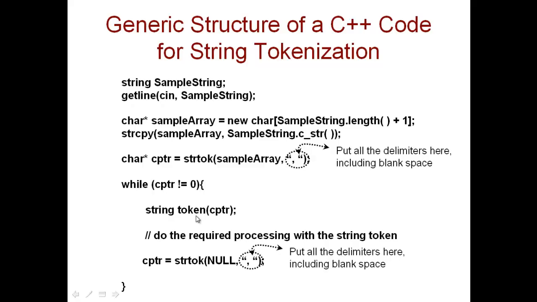So after you process the token, you want to move to the next token or extract the next token. So this is how you do that. So inside the loop, you use the strtok like this. You don't pass the character array name, you say null and then the same set of delimiters. Now why you say null?